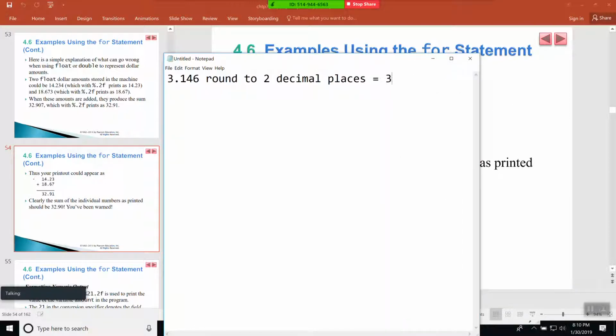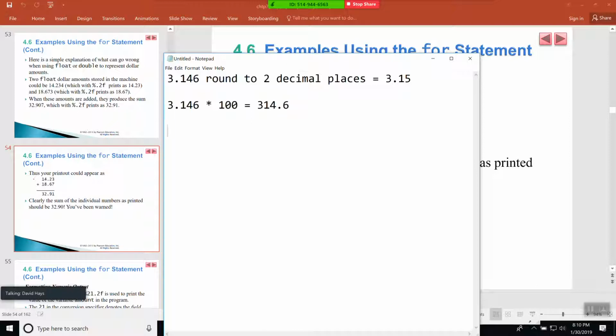Yeah, so it'd be 3.15. From a programming standpoint, some programming languages don't have a round function. If you take this and multiply it times 100, that moves it 2 decimal places, and this would give you 314.6.